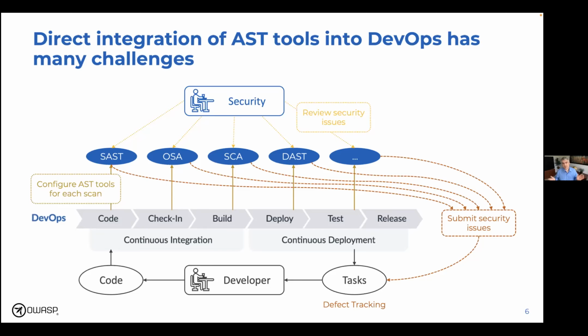What it means is that developers will be overwhelmed with a number of security defects that are not filtered out, not prioritized, not grouped. And so that integration is really useless in that sense, and you need to actually stage the security issues somewhere, ideally in one place, before you submit them to defect tracking.